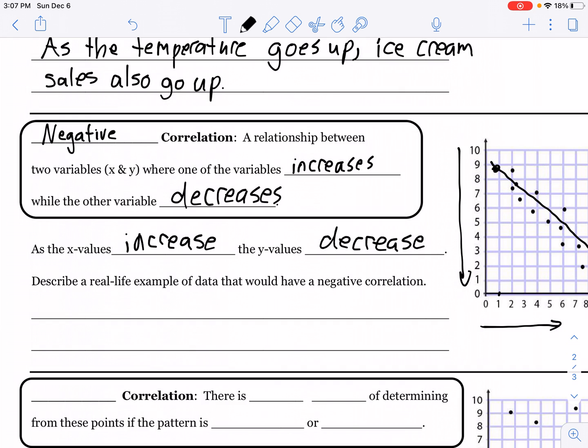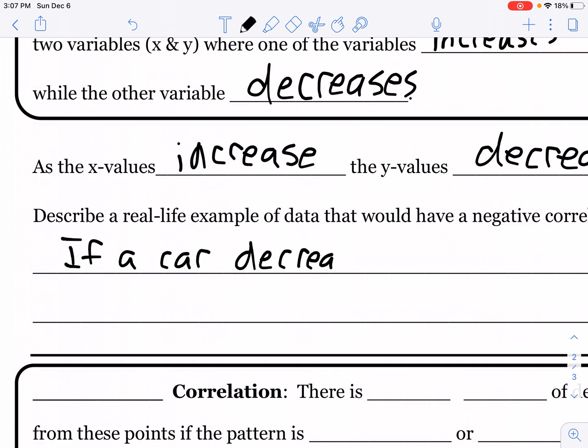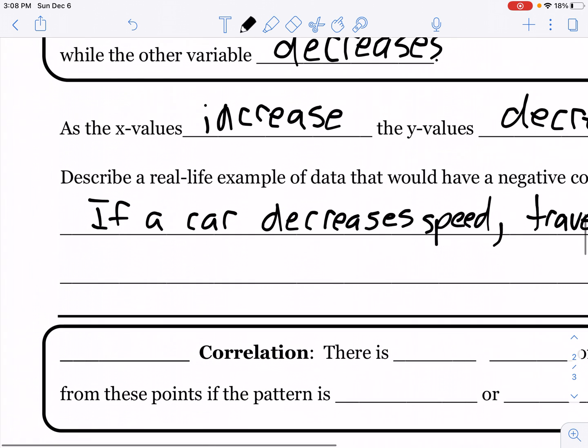Now, somewhere that you may have seen this before, maybe you're thinking about traveling in a car. Okay, let's say a car decreases its speed, travel time to a destination increases.